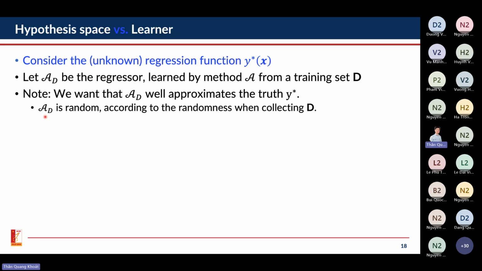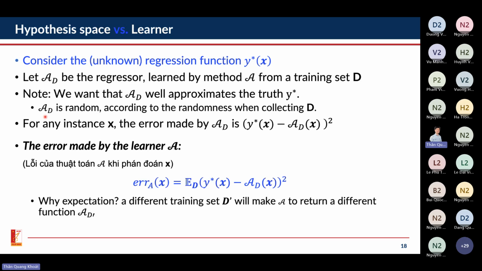If we change the training set, then the trained model's output should be different, right? So in order to analyze the errors of a learner, we need to consider these as random according to the training set. Then we can analyze the error of one prediction. For example, the error can be measured by the square error like this. This is the truth, and this is the prediction.